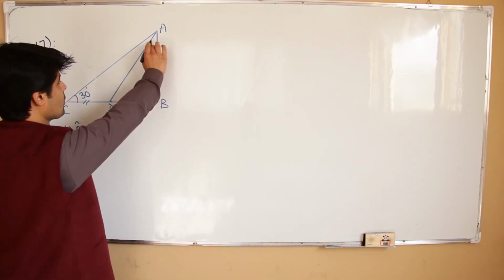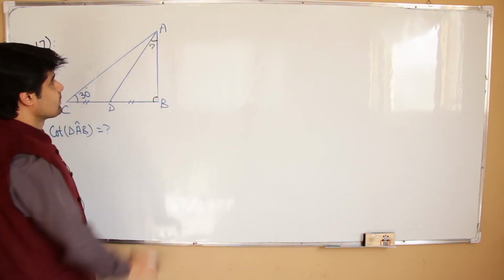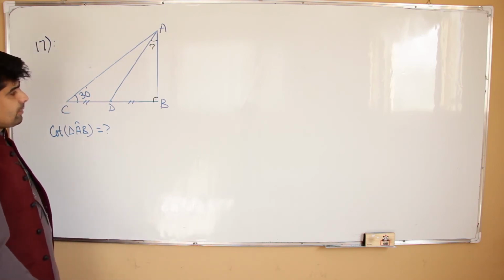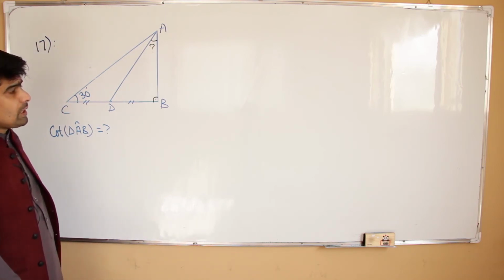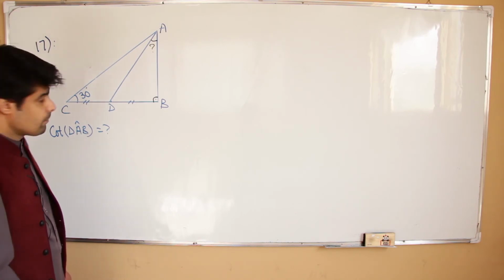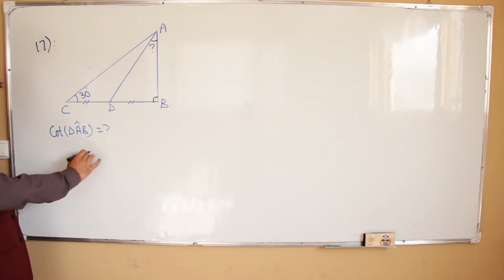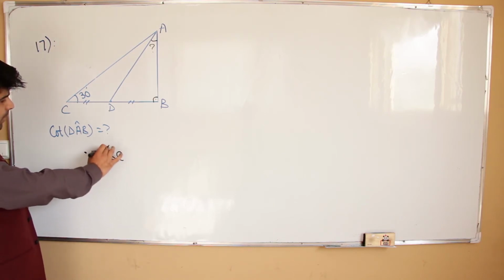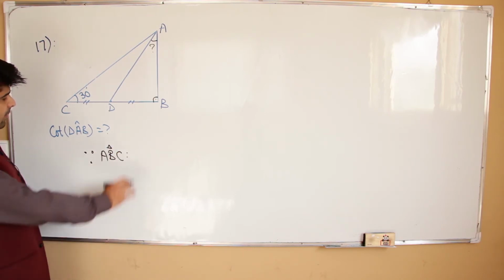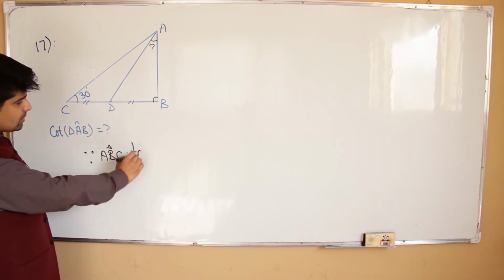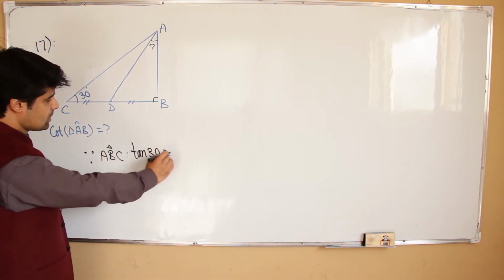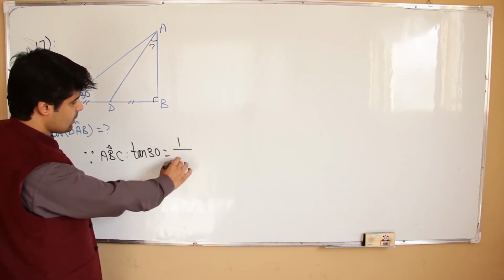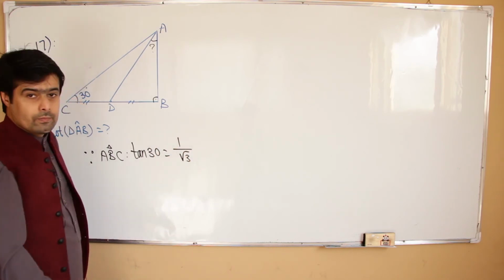In order to define the trigonometric ratios, we have to know the sides of the triangle. Now, in the ABC triangle, if I define tangent 30 degrees, what is this one? Tangent 30 degrees, I think, is 1 divided by root 3.